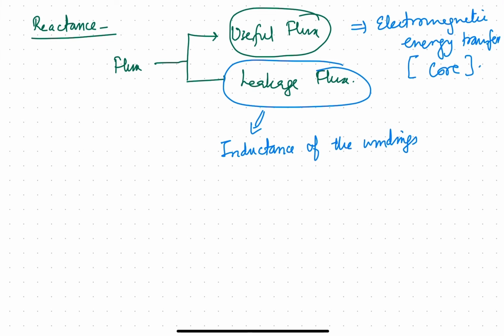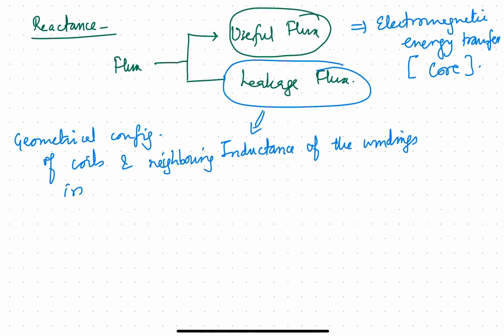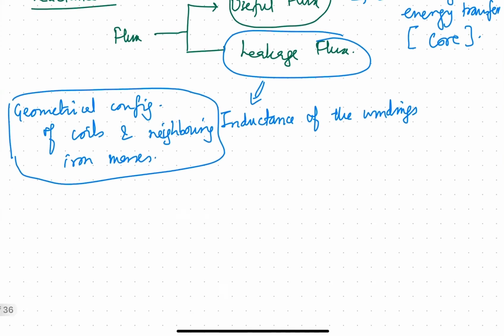This leakage flux depends on the geometrical configuration of the coils and the neighboring iron masses. So this is all about the leakage flux.